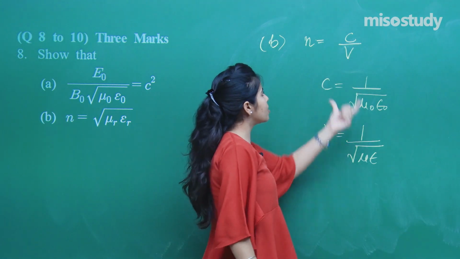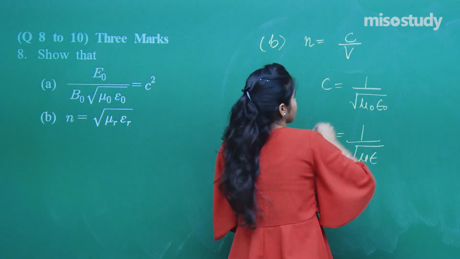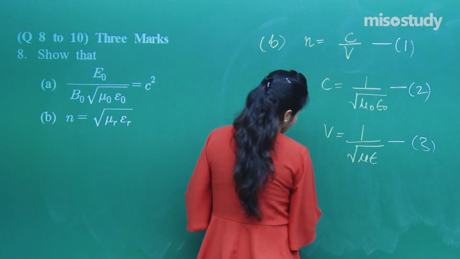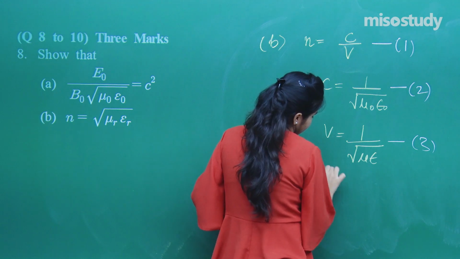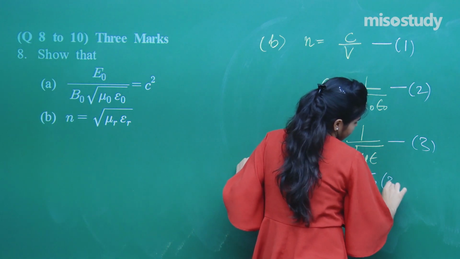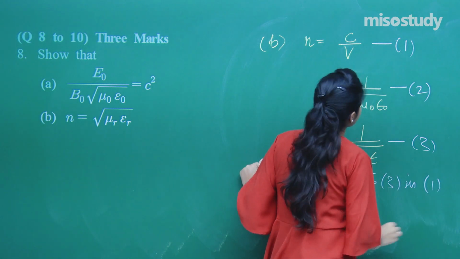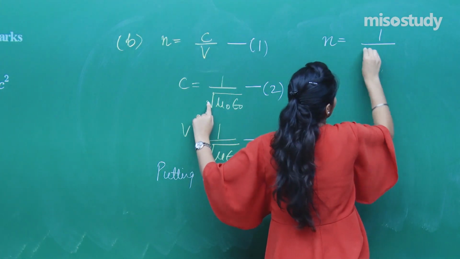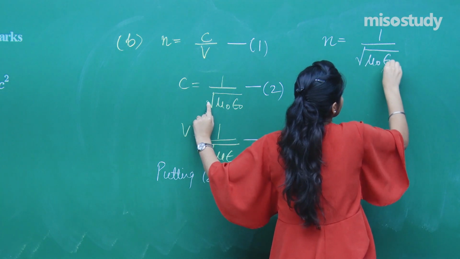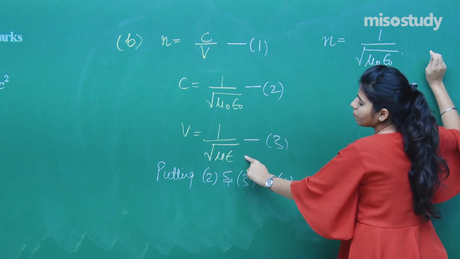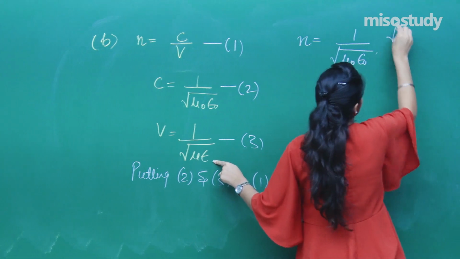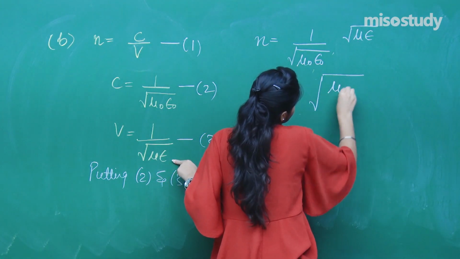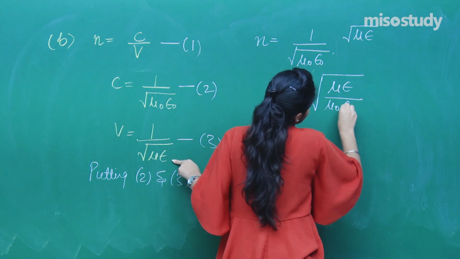Now when we put these two values, putting 2 and 3 in 1, we will have n equals C, that means 1 upon under root mu naught epsilon naught, multiplied by 1 upon mu epsilon. So directly you can write it like this.